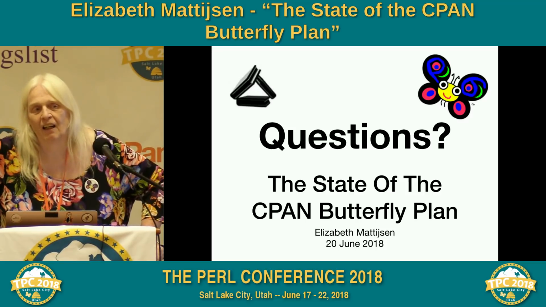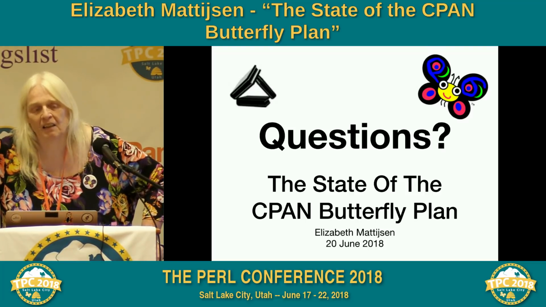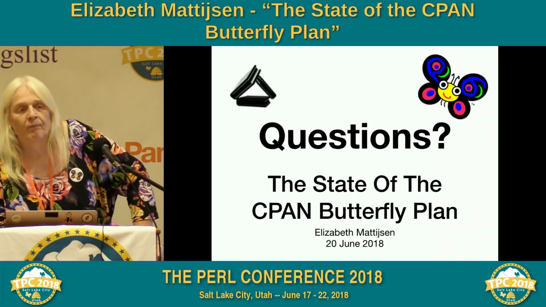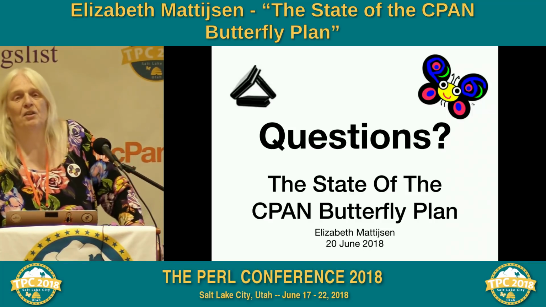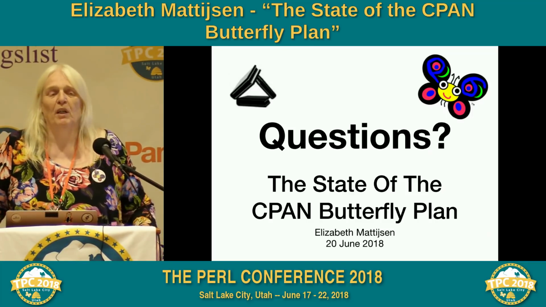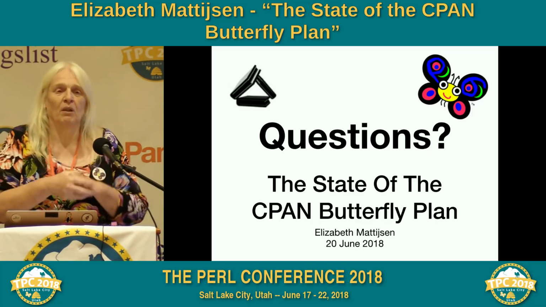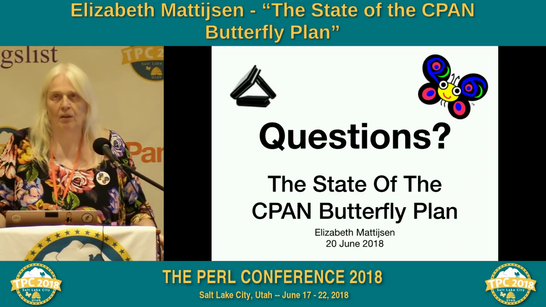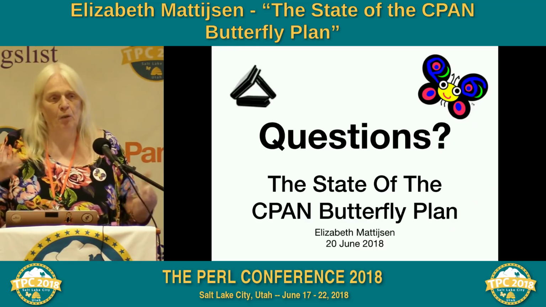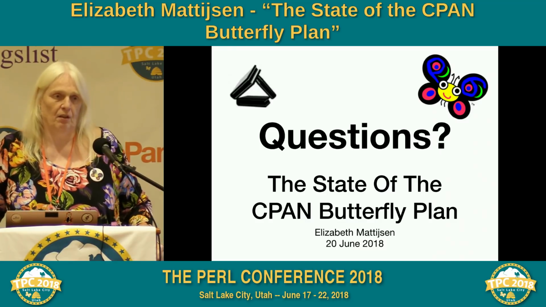Given the fact that XS is such an important part of some of the big modules, and it doesn't exist in Perl 6, what is the thought on how to tackle that? In Perl 5, there are a number of reasons why you would use XS.